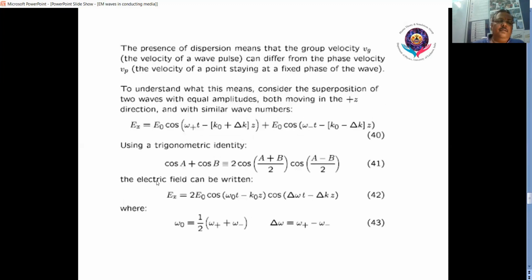And we can also say that the electric field is a superposition of two waves having equal amplitudes. One wave oscillates with frequency omega plus and the other with frequency omega minus, and they superimpose to give a wave with a frequency omega.